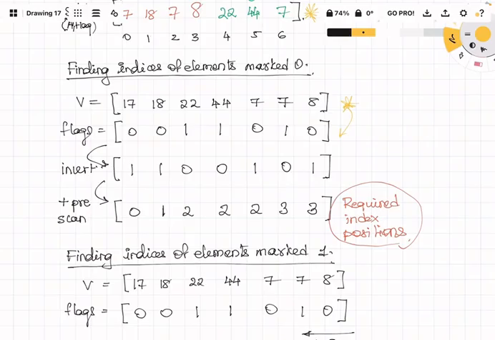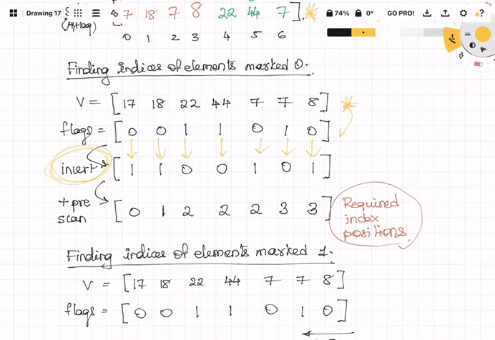Now in order to find the indices of all the elements marked 0, we are first going to invert each of those flags. So that means 0 becomes a 1, 0 becomes a 1, 1 becomes a 0, 1 becomes a 0, 0 becomes a 1, 1 becomes a 0, 0 becomes a 1.